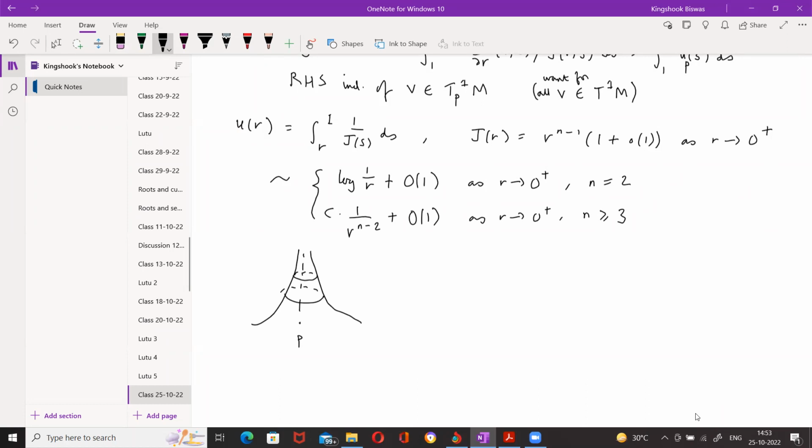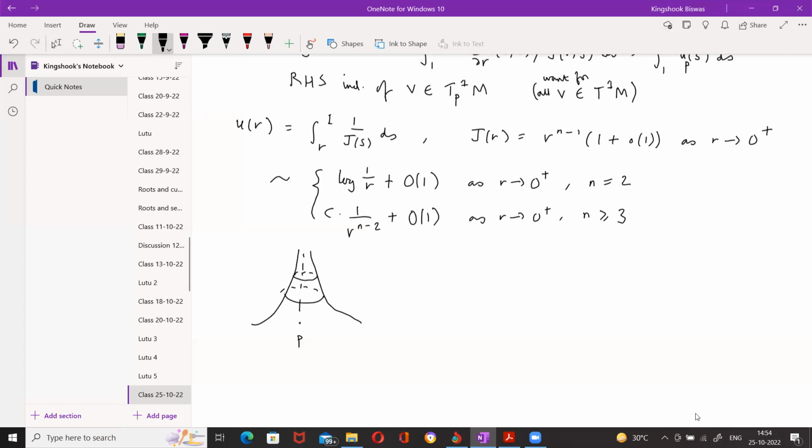So this is harmonic outside the point P, and it has a single pole at P. Now we want to look at the behavior of this function as r tends to infinity. Here we got the behavior as r tends to 0, but we can also look at r tends to infinity.